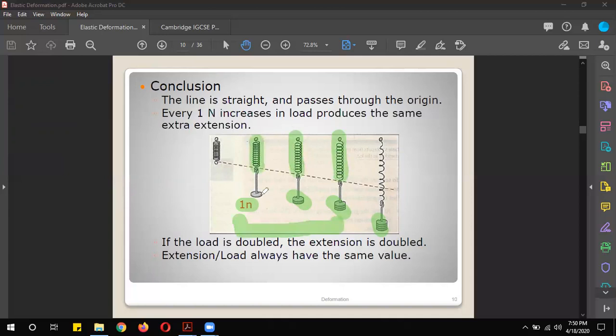Spring is in a good condition. But when the weight is taken beyond 3 or it is taken to 5, can you see the spring is damaged? When the spring is damaged, can you say that it can come back to its original shape if we remove the weight?